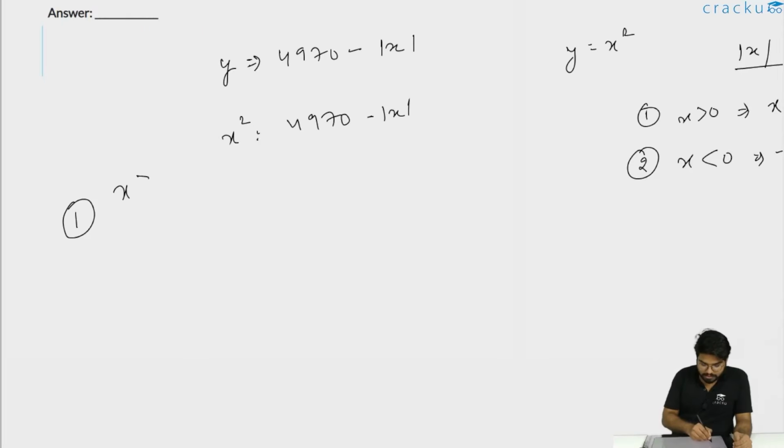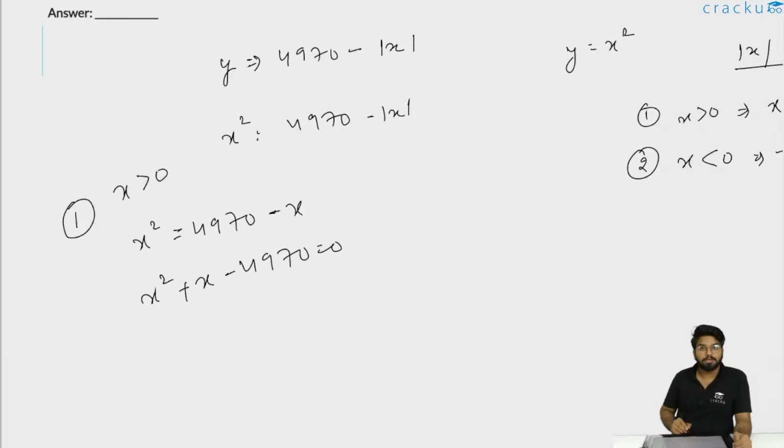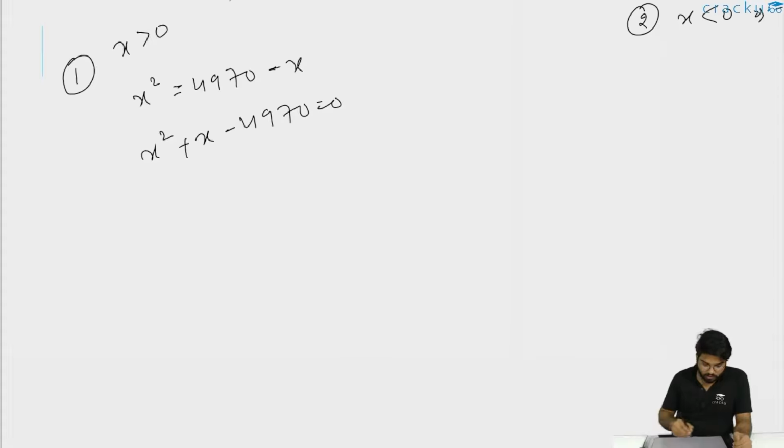First, when x is greater than 0. If x is greater than 0, modulus of x will be x only. Converting this into a quadratic equation, we will have x square plus x minus 4970 is equal to 0. Now 4970 is nothing but 70 into 71.